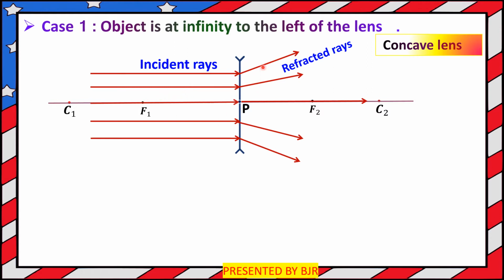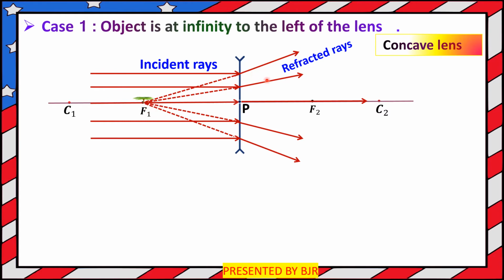If you extend all these refracted rays backwards, all the refracted rays would meet here, at F1. I am extending all the refracted rays backwards, and all these extensions are crossing one another at point F1.